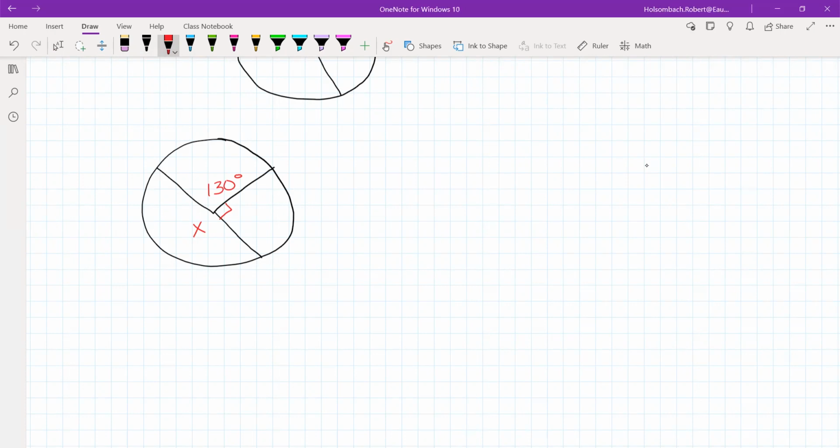One of the angles is 130 degrees. Of course, this angle is 90 degrees. It has the 90-degree symbol in it. So you can find the measure of angle X by taking the measure of angle X is equal to 360 minus 130 minus 90, which is 140 degrees.